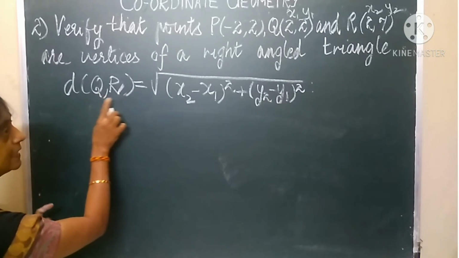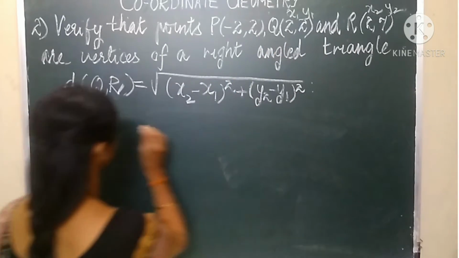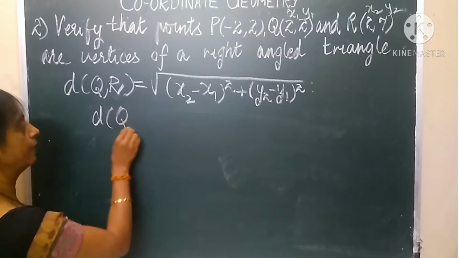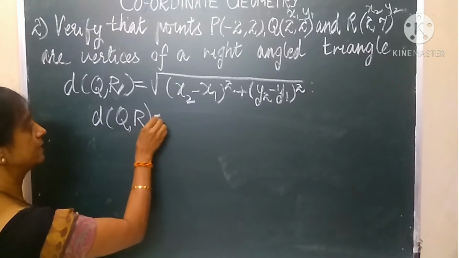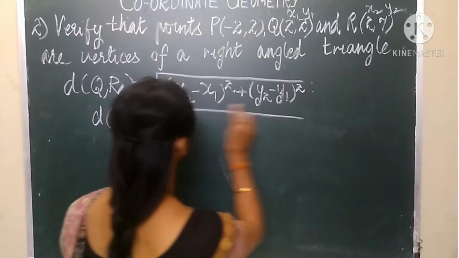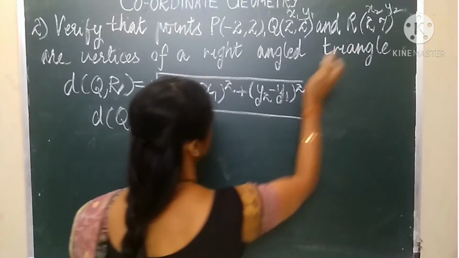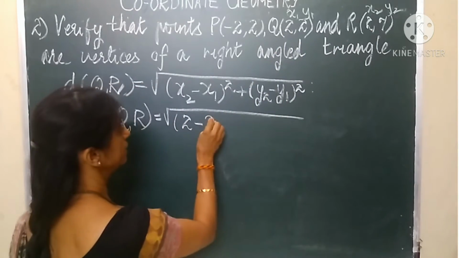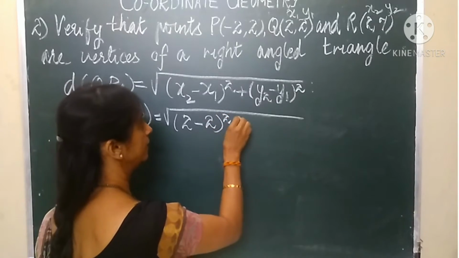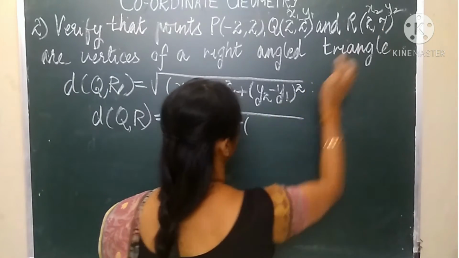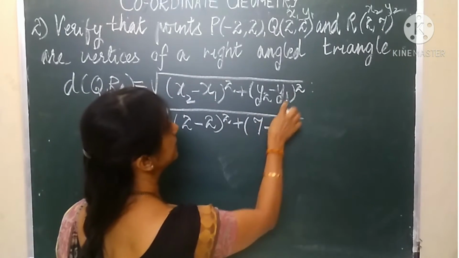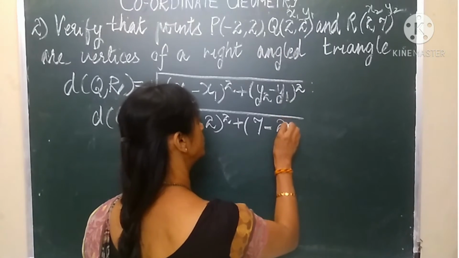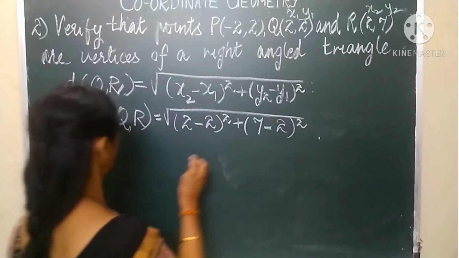So we are calculating distance QR, again with the same formula. x2 is 2 minus x1 is again 2, the whole square, plus y2 is 7 minus y1 is 2, the whole square.